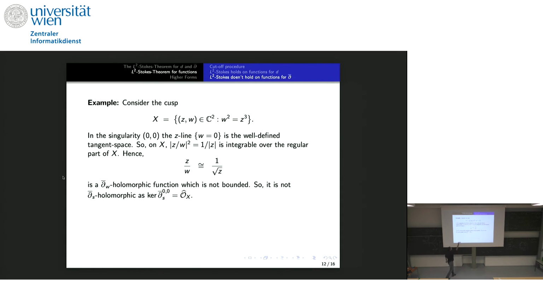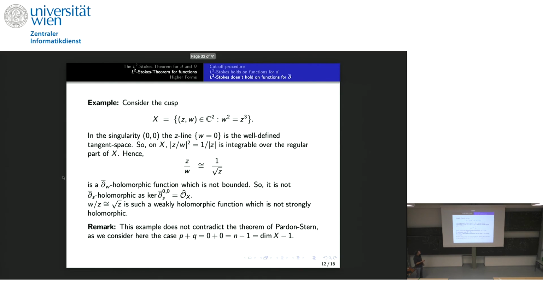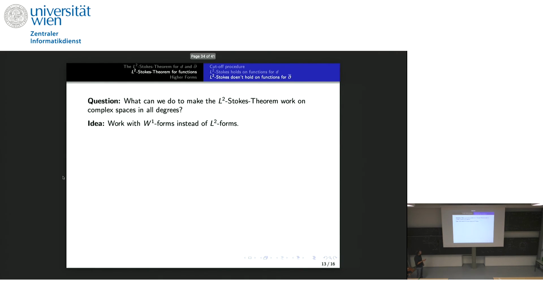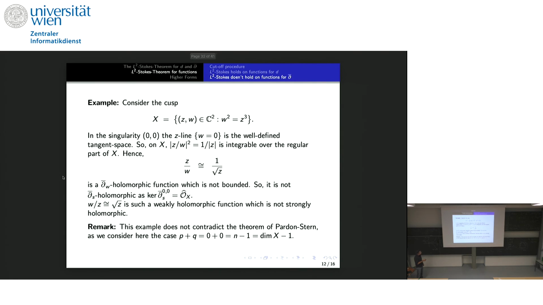One is C over W. It has a pole in the singular set, but the pole is pretty harmless. It behaves like 1 over the square root of C, and this is clearly square integrable, because if you take the square, then it has a pole of order 1, and the variety behaves as C, and in C it's like R2, you can integrate a pole up to order 2.